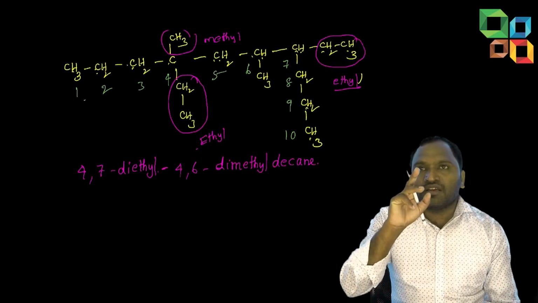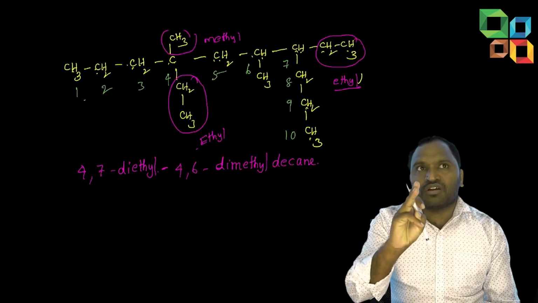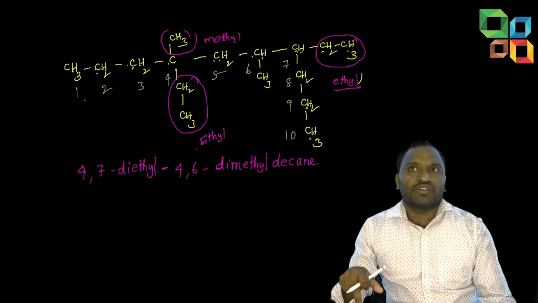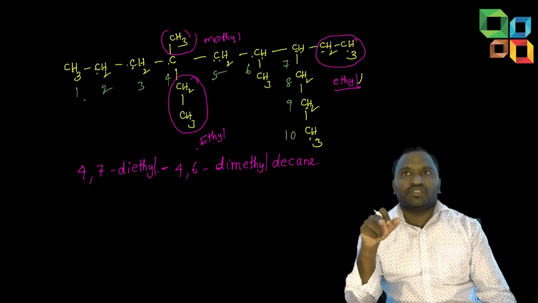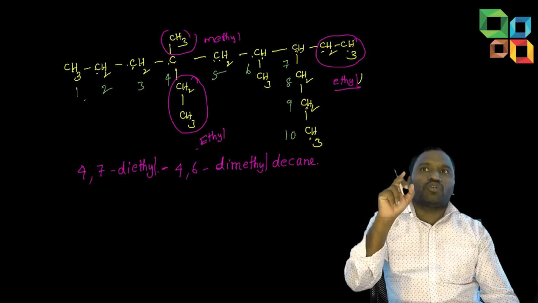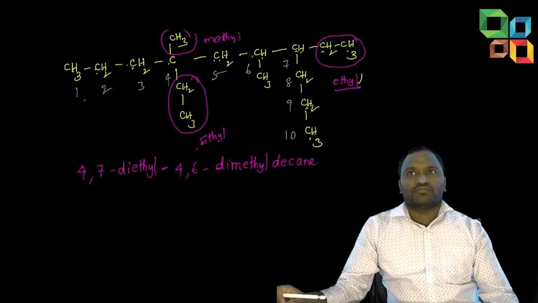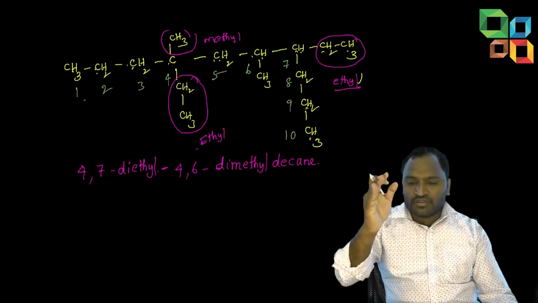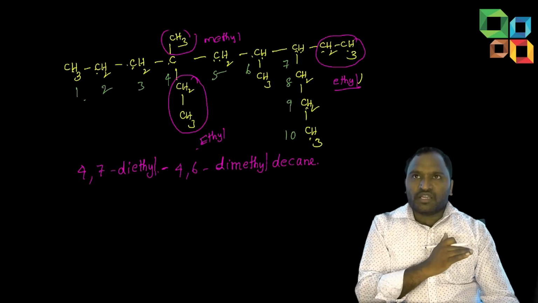So here, 3 rules I covered. What are the rules? One is selection of parent chain. How to select parent chain, students? The chain which contains more number of carbon atoms. That is the first rule. And second rule, what did I say?